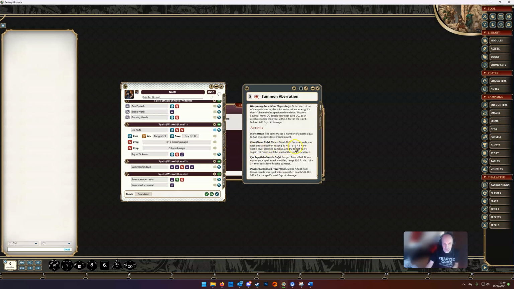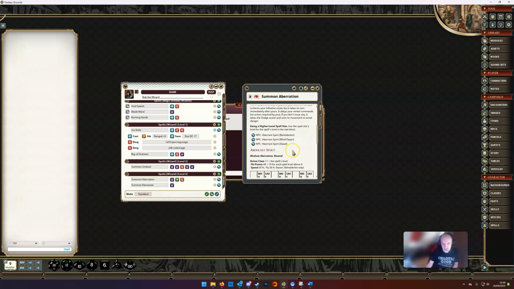You hit and you do 1d10 plus 3 plus the spell's level slashing damage, and so on and so forth. So in the past, you would have had to work out what these figures actually were, and then you would have had to reword the hit and damage arrays so that the correct figures would be put onto the combat tracker when the character was placed there.